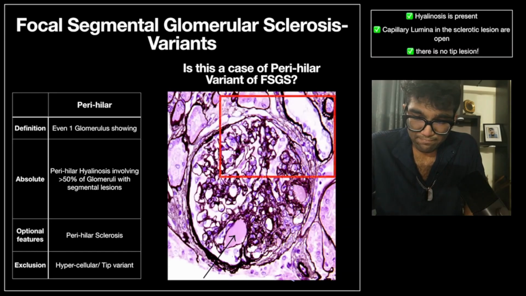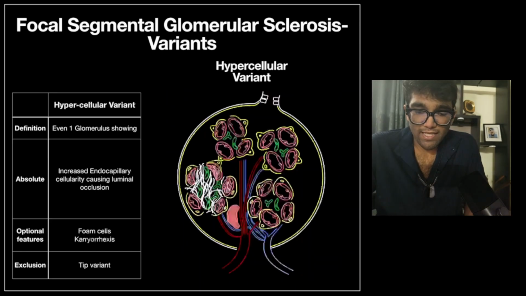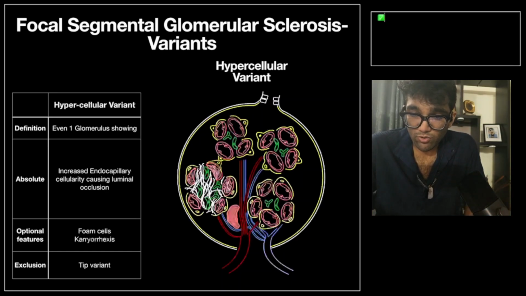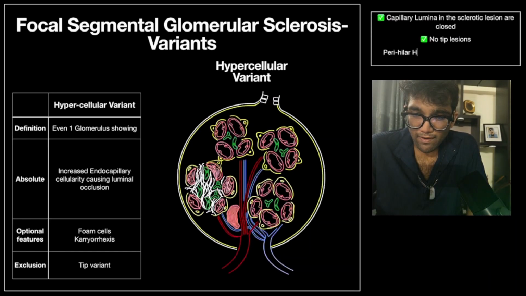Okay, now this is the hypercellular variant. So as we've just discussed, the endocapillary proliferation resulting in loss of lumens here. So what does that look like under the microscope? Okay, so let's see the lesion.